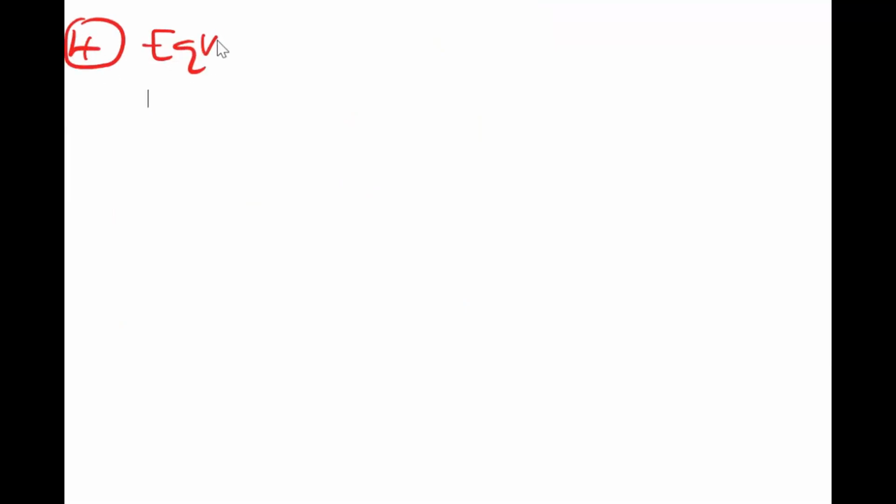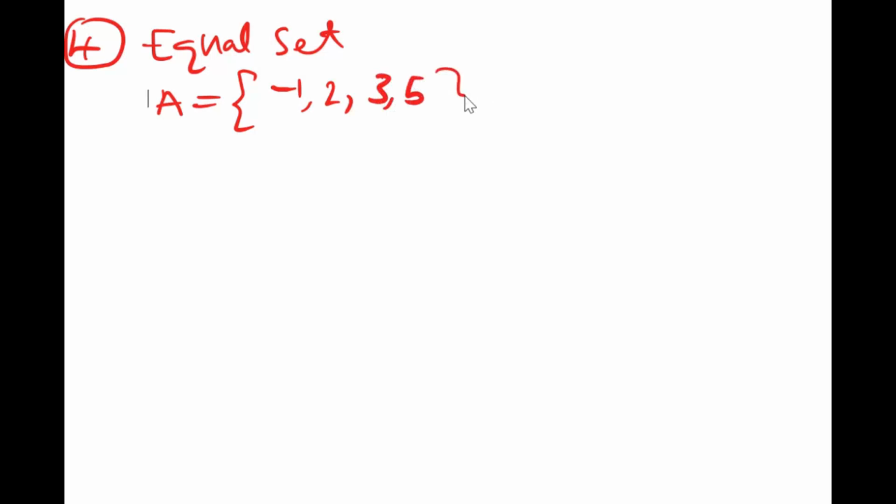The next one is equal sets. Two sets are said to be equal sets when they have the same elements. For example, if A is equal to {-1, 2, 3, 5} and B now is equal to {5, 3, -1, 2}.